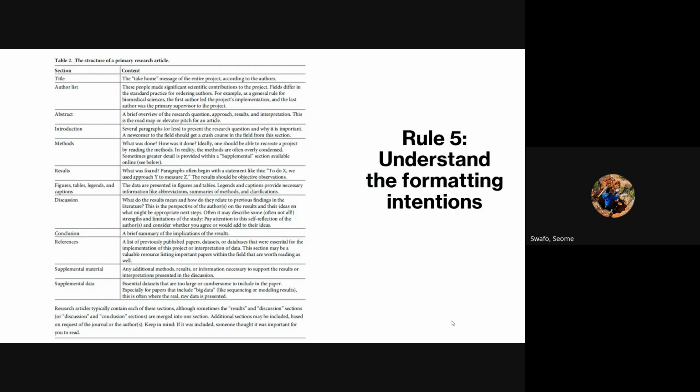And then also, our rule 5 is talking about where you have to understand the formatting intentions. But this one is talking about just the structure of a primary research article.